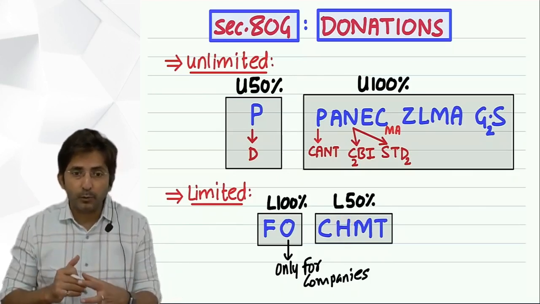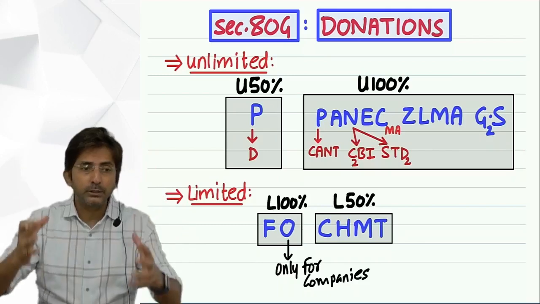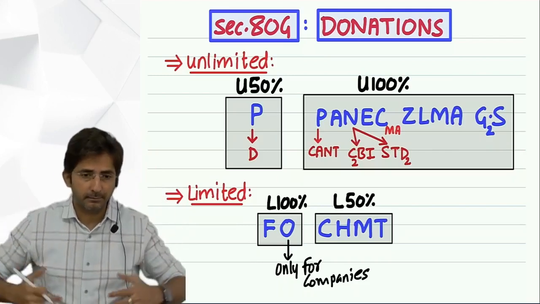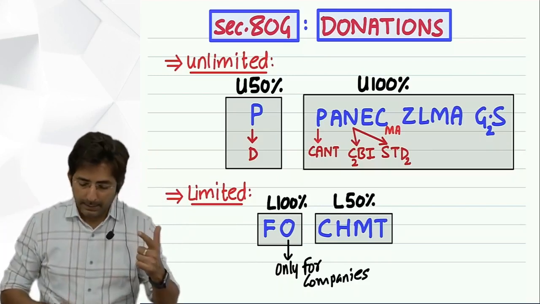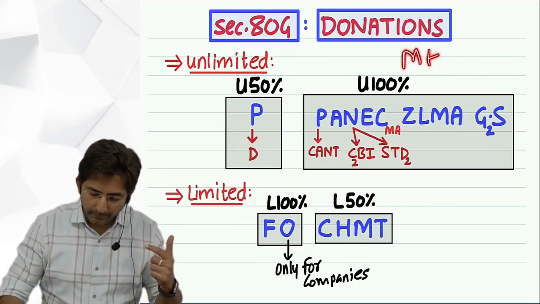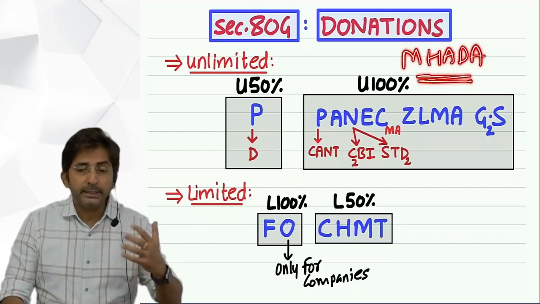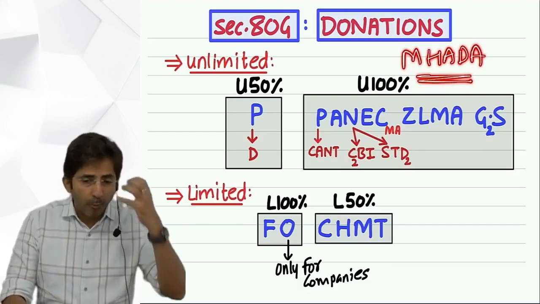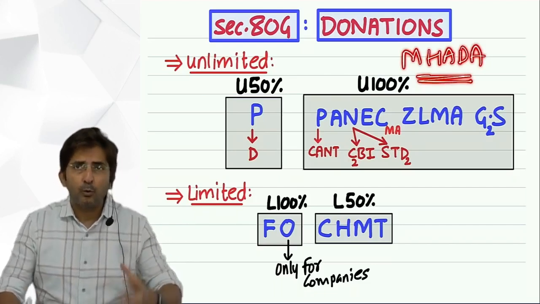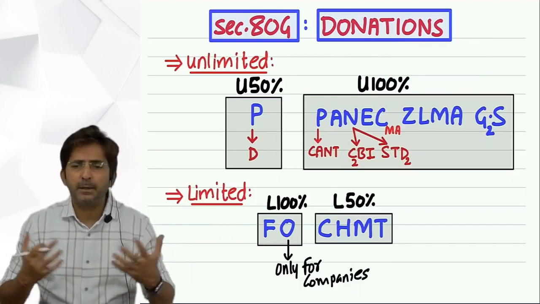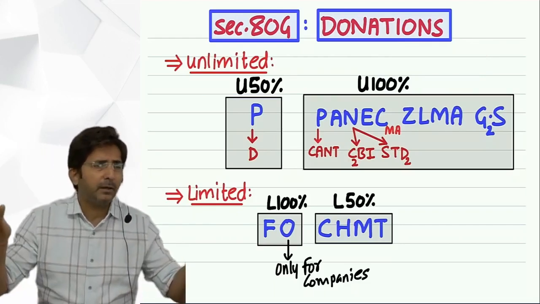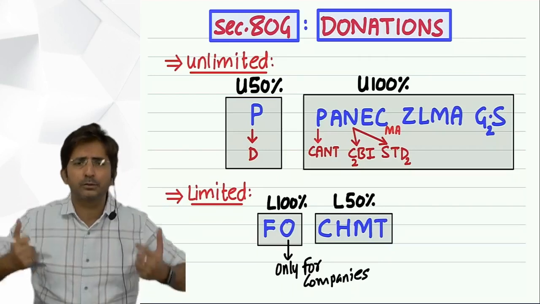Their objective is what, you know? To construct houses which are at affordable price. Like Mahada. Have you heard about Mahada in Maharashtra? This is a housing development authority, and the objective of Mahada is to construct houses and sell at a cheaper price, where people can afford to purchase a house.